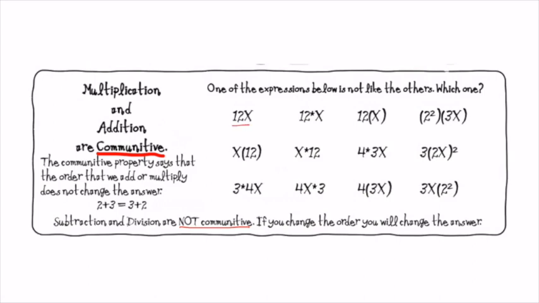So x times 12. 12 times x is the same thing, still 12 times x. Here we have 4 times 3x. That equals 12x. X times 12, still the same thing. X times 12, still the same. 4 times 3 is 12x. Now this one we have 2x squared, so that would give us 4x squared times 3.